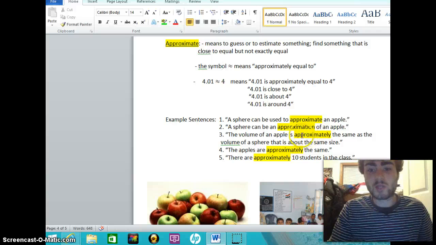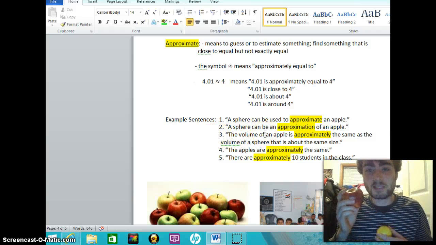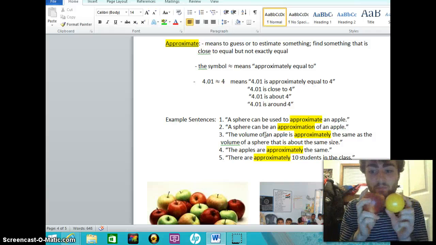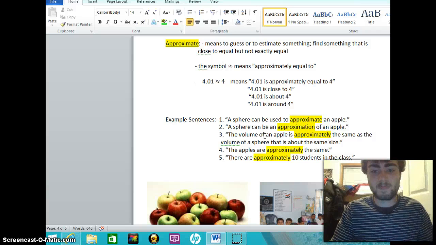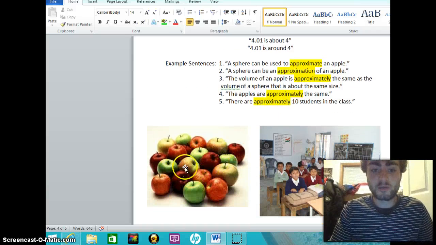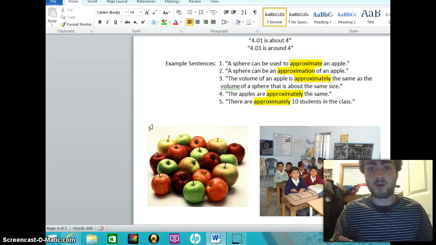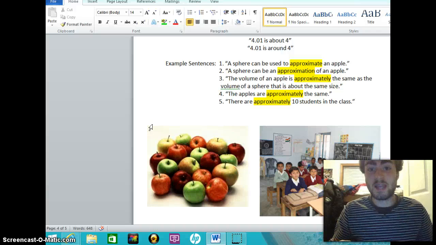You could also use approximately. So you could say the volume of an apple is approximately the same as the volume of a sphere. If you look at this picture, you could say the apples are all approximately the same.